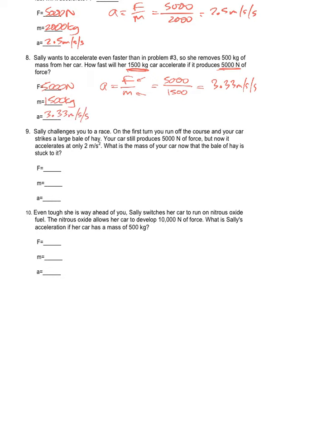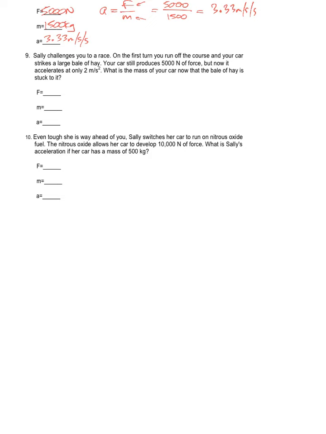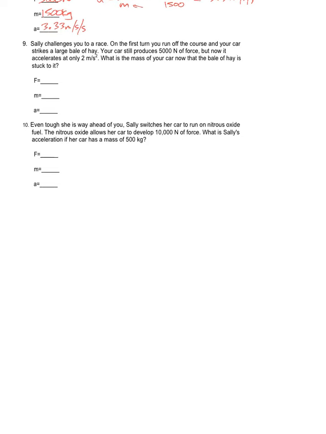Sally challenges you to a race. On the first turn, you run off the course and your car strikes a large bale of hay. You're still making 5,000 newtons of force, but it's accelerating slower. We can use that information to work out the mass of the car. How? Use the triangle, force, mass, acceleration.